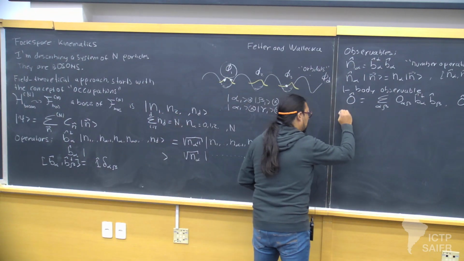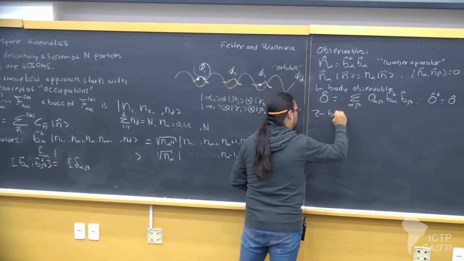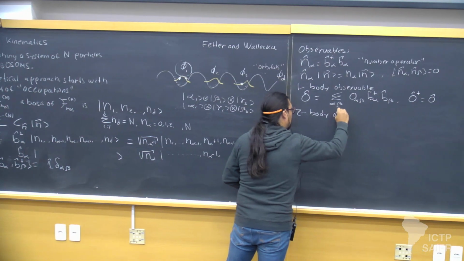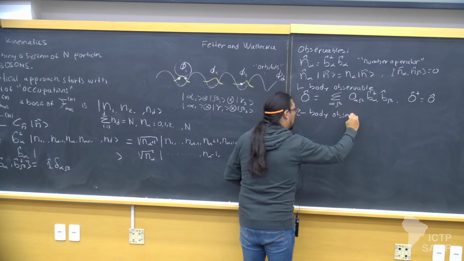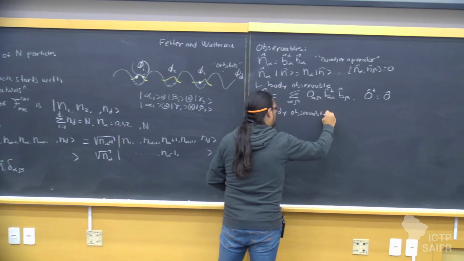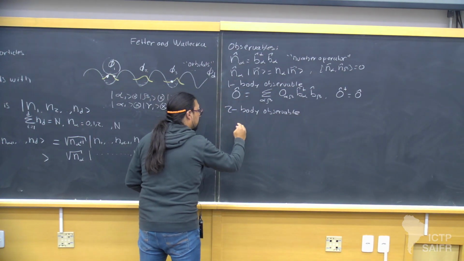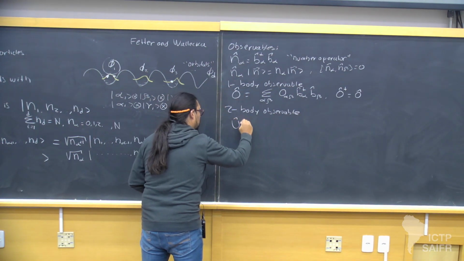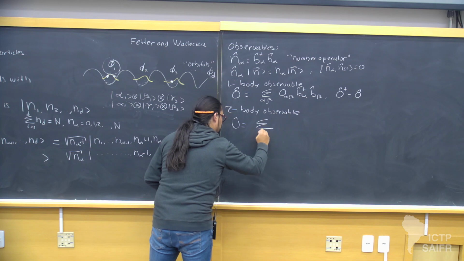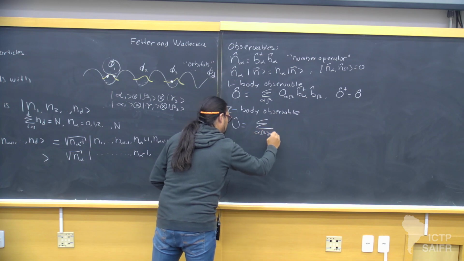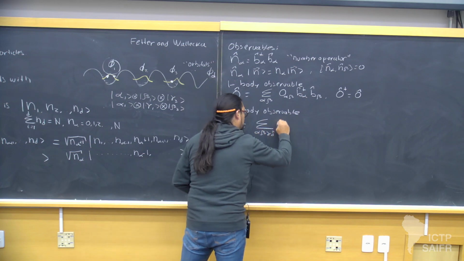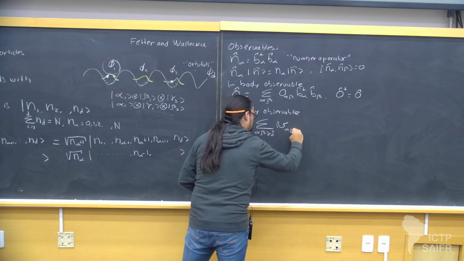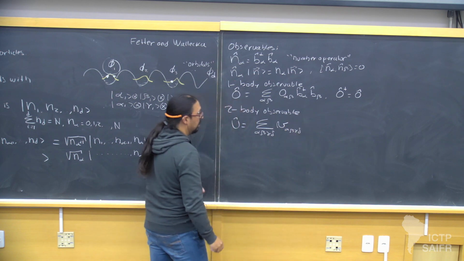And let's introduce right away the two-body observable, which is uglier. I would call it U. It is, guess what, really a monster. Some coefficients here, V, with four indexes.